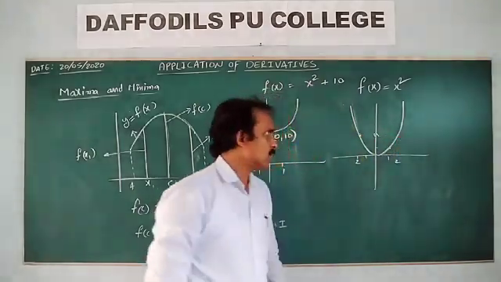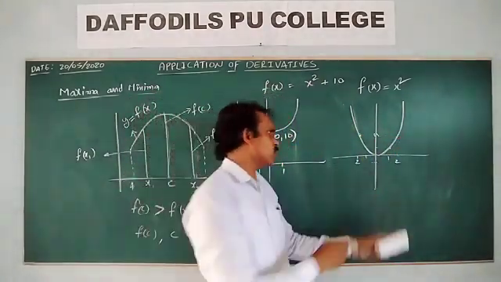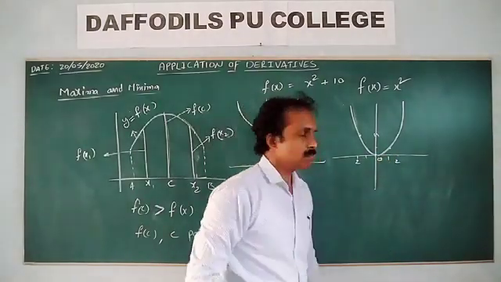What is the minimum value? The minimum value is equal to 0, since f of 0 is equal to 0.